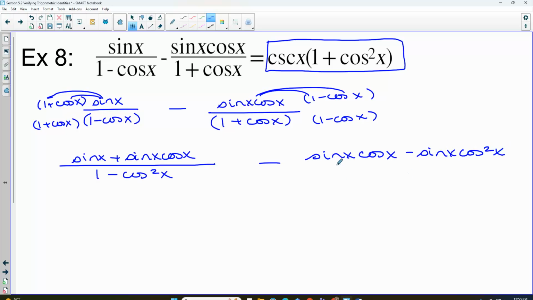Minus sine x cosine squared x. So if I want to subtract, I can change this to a plus and run a negative through. How does that help me?